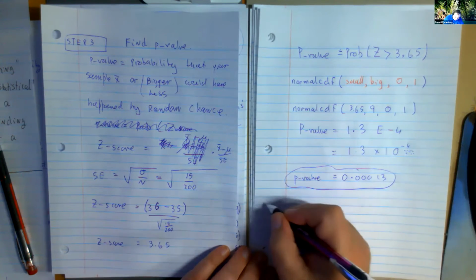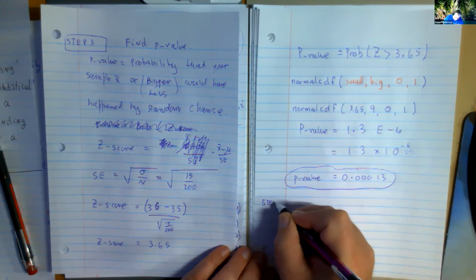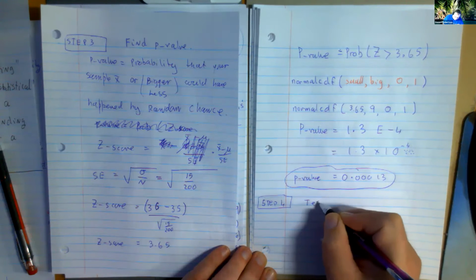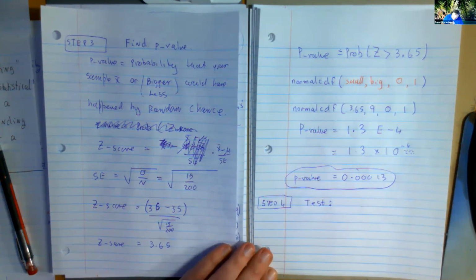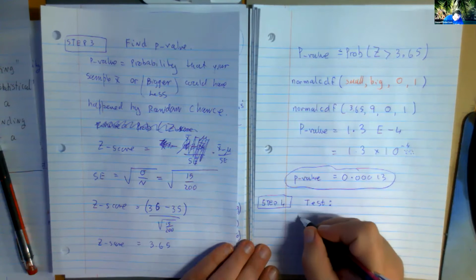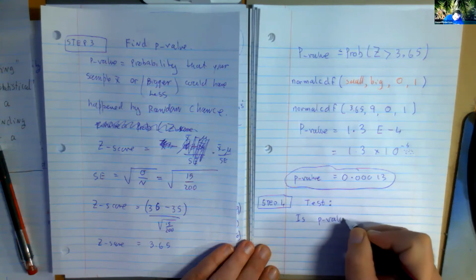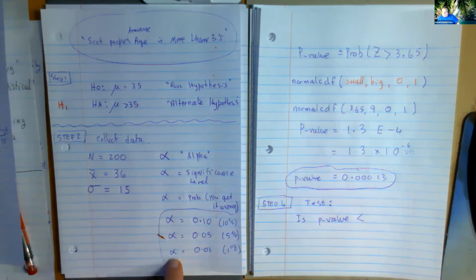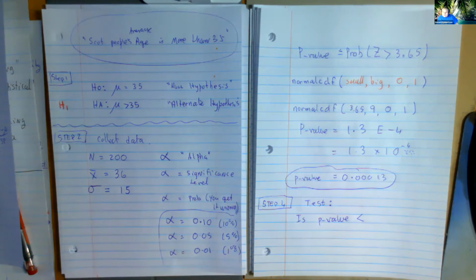So now we're going to have to do the final step. And the final step is the test. We ask ourselves this simple question: is this p-value less than the significance level alpha? Now, I should have actually picked one of these, so let's pretend I did that.